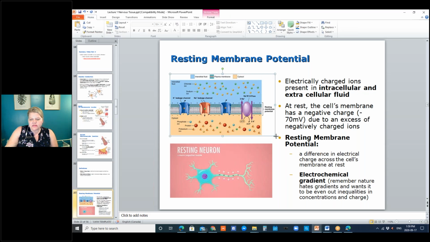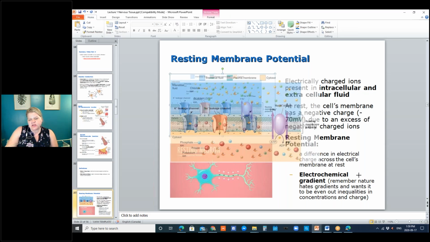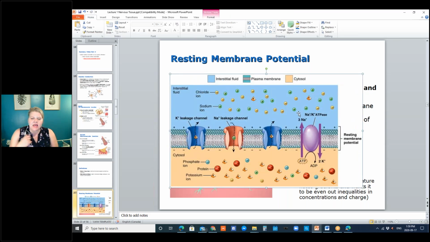And when you zoom in, this is not from your textbook, it was actually from your previous textbook. Luckily, we don't go into too much nitty-gritty detail about what kind of channels they are. But it is important to highlight this. You won't be tested on all the little specific things here, but I want you to understand this concept.